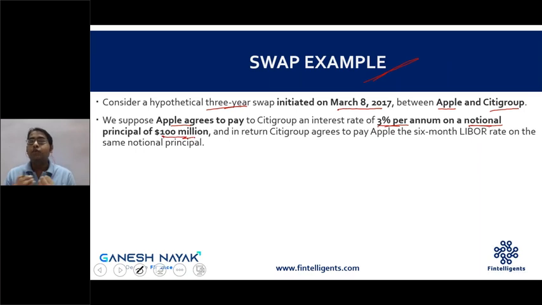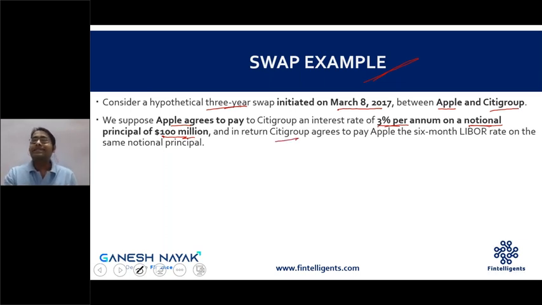This principal is a notional principal. That means it is not exchanged anytime during the contract. It is only used to calculate the amount. So Apple is agreeing to pay 3% on the notional principal of $100 million.